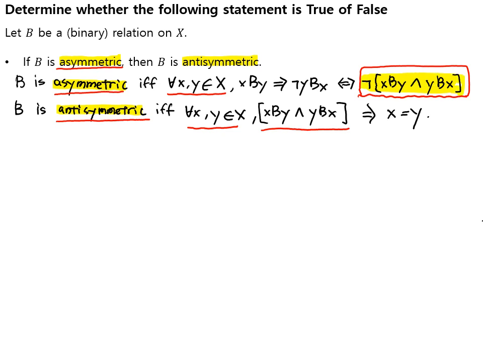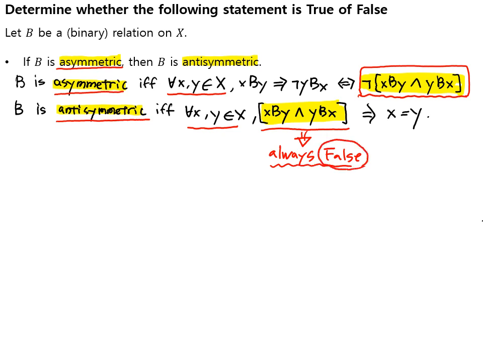Meaning the antecedent of the definition of anti-symmetry is always false.